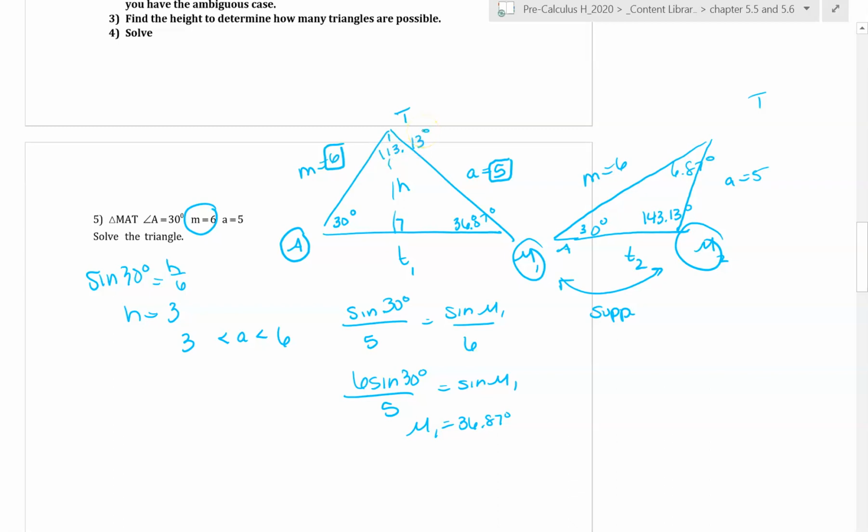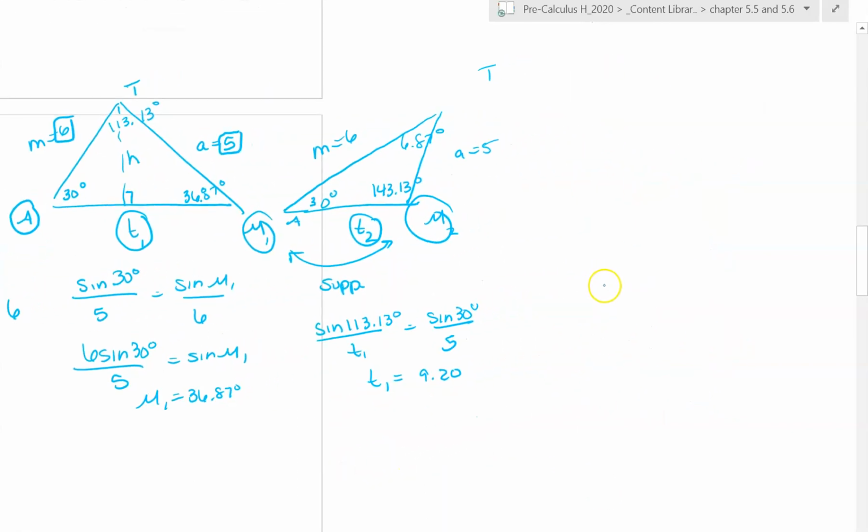So now we're going to do the law of sines two more times, one time to find T1 and another time to find T2. So we could say the sine of 113.13 over T1 is equal to the sine of 30 over 5, using law of sines in the first triangle. Solve for T1, and you get 9.20.